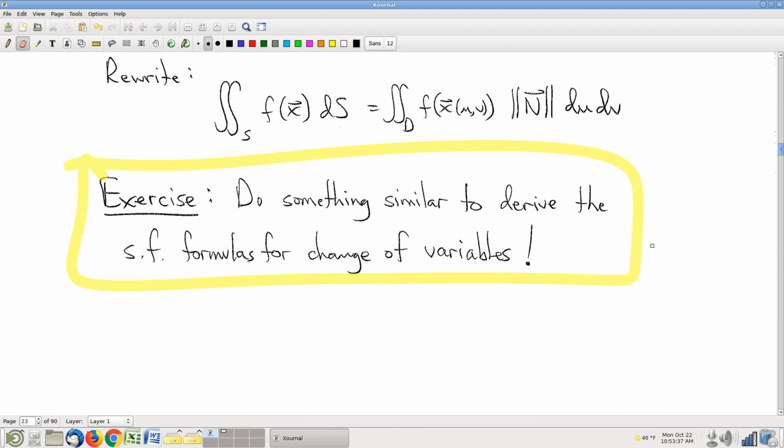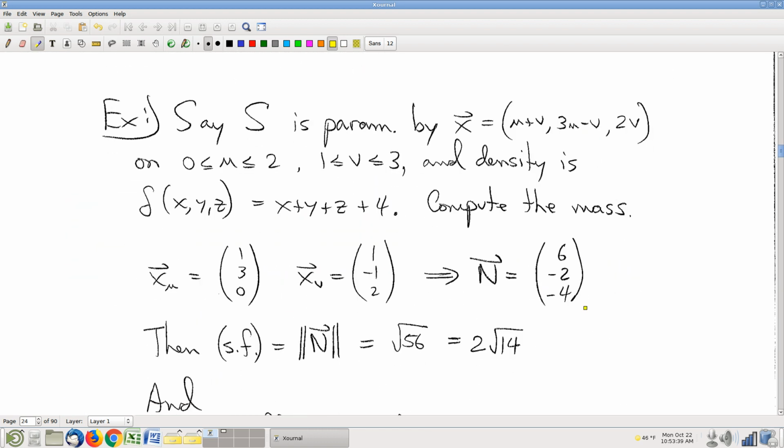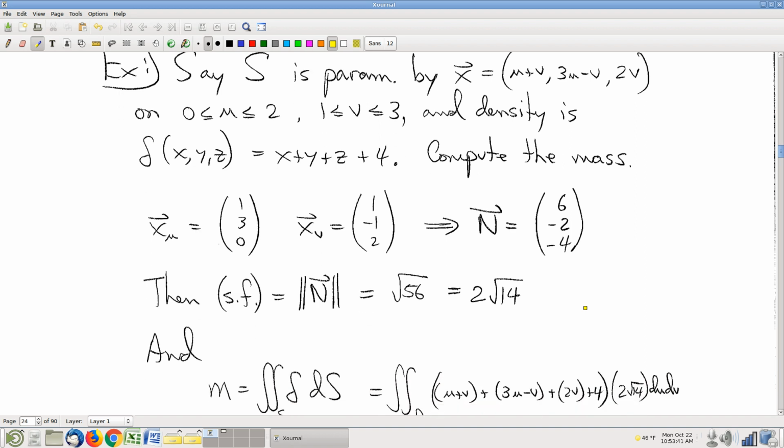Okay, so let's do a calculation. Suppose I have a surface that's parameterized by that function. Now let me remind you, I will talk in a moment about where one gets these parameterizations from. We haven't talked about parametric surfaces before. How do I find a way to parameterize a surface?